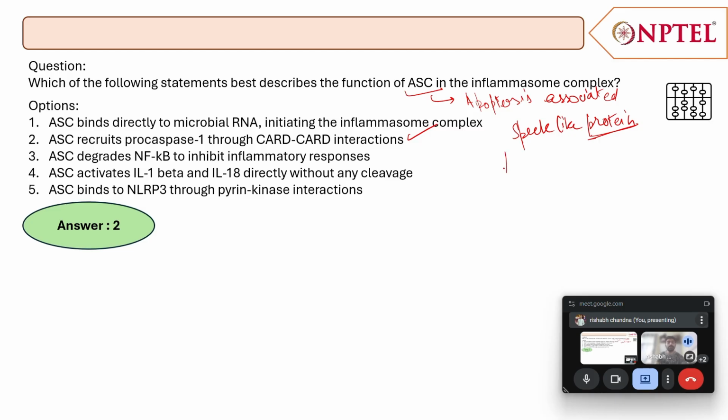It activates through CARD-CARD interaction. It also has a CARD domain that interacts with the CARD domain of the caspase 1. So it recruits pro-caspase 1 that cleaves into the caspase 1, and then it leads to the activation of the inflammasome complex. Okay, so this is how ASC functions.